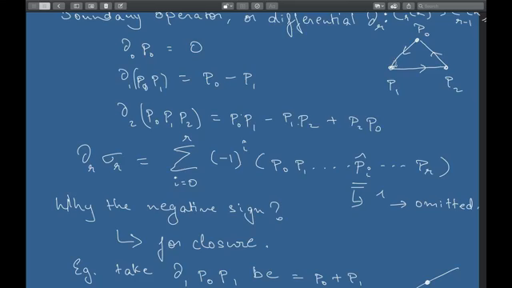You get one of these three line segments, and then when you take a differential of this it reduces to zero, because the boundary of the boundary vanishes, right?